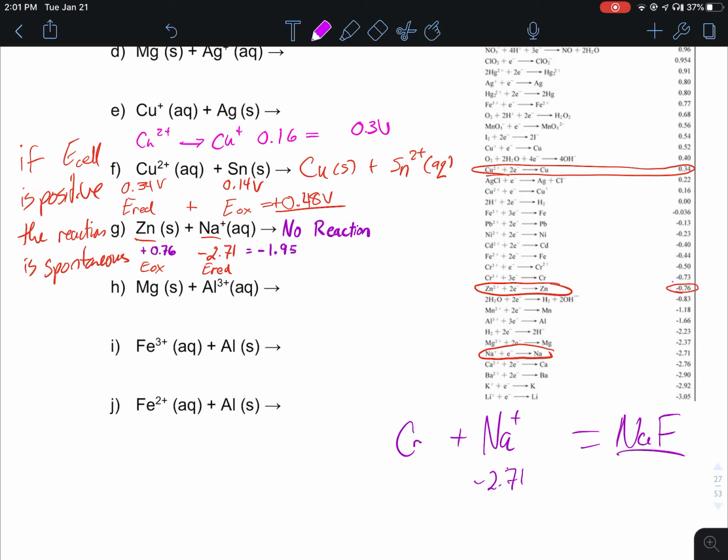So let's put a calcium metal in, and here we can see that calcium at a positive 2.76. Now we're talking about a reaction, a really tiny reaction, but it would work. We could get 0.05 volts. So that means that if you mix some pure calcium metal, you might be able to get a very tiny amount of sodium metal out of that.